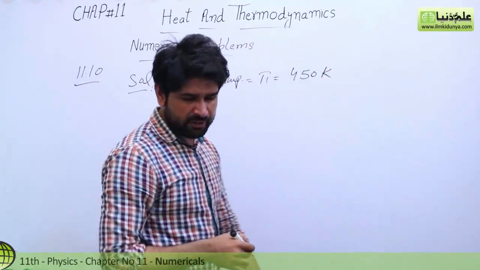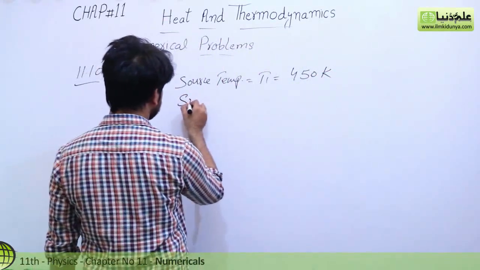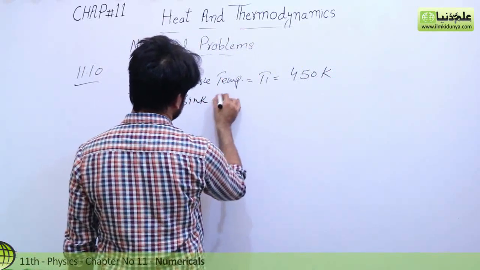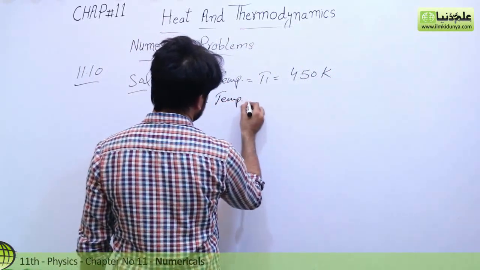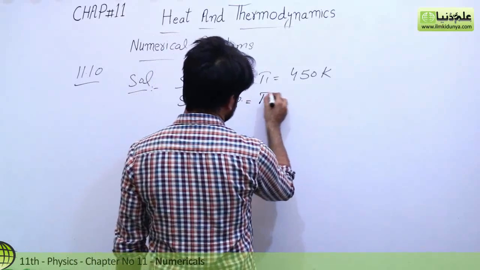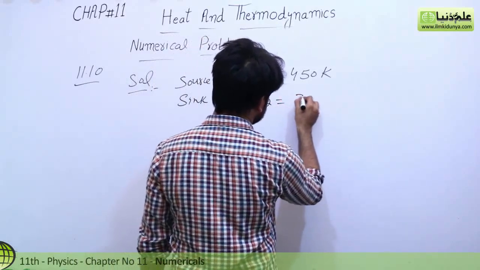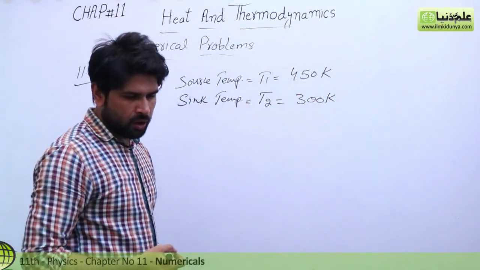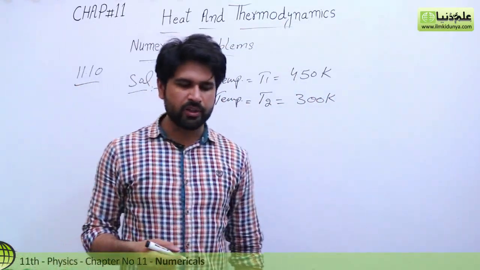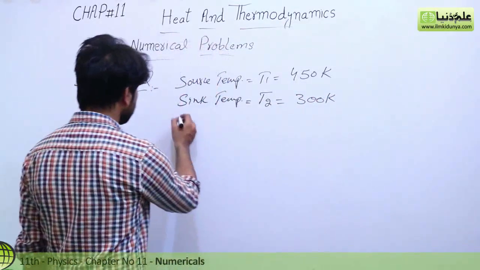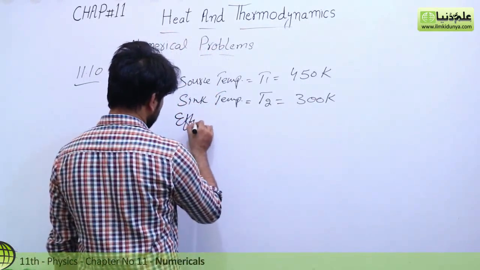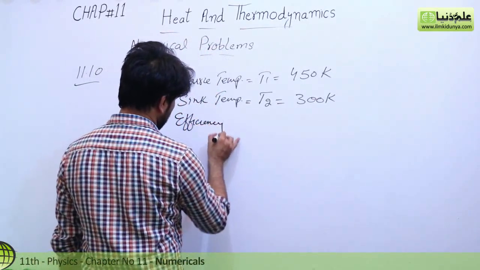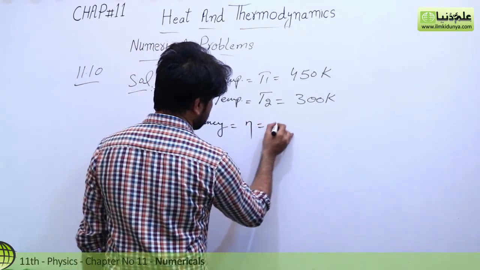The second thing given is the sink temperature, which can be written as T2, which is 300 Kelvin. Okay, what will we have to find out? We will have to find out the efficiency, which can be denoted as eta.